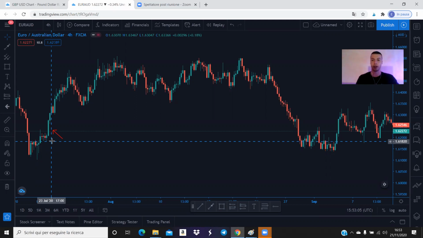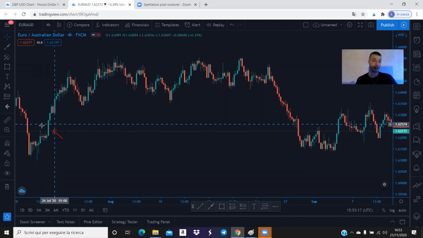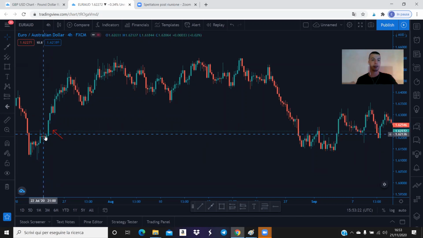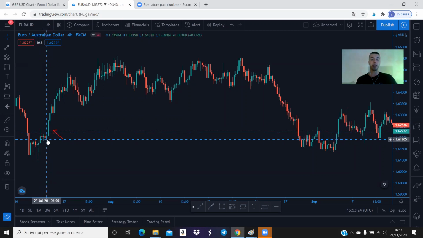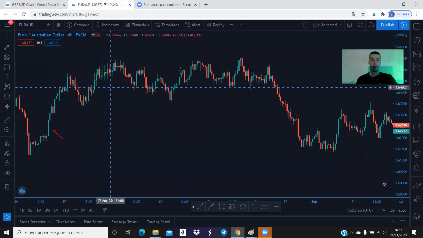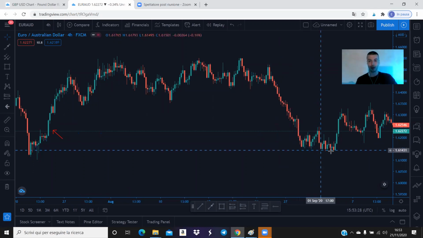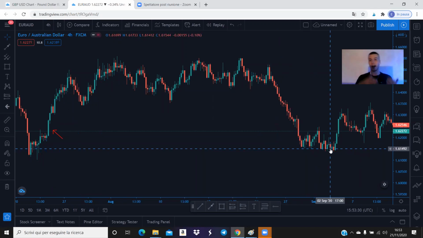So maybe they will put half of that money the first time, and when the price comes back to that area, they enter with the remaining half. And the same goes for other financial institutions. They see that a bank entered with big volumes, big money at the current zone, and for that reason, later, when the price comes back to the same zone, the same bank and also other banks are jumping in, and therefore they're looking to make some money.